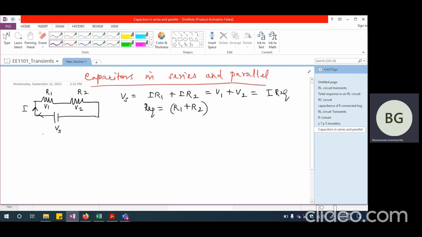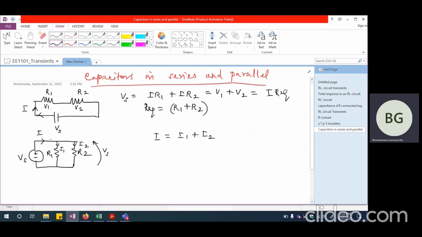Okay. On the other hand, if I have the two resistances R1 and R2 connected in parallel, and I have the voltage source connected here, then the voltage across each of these resistances is Vs. And the total current here is going to be I, and this is I1 and this is I2. So I have to write I is equal to I1 plus I2.